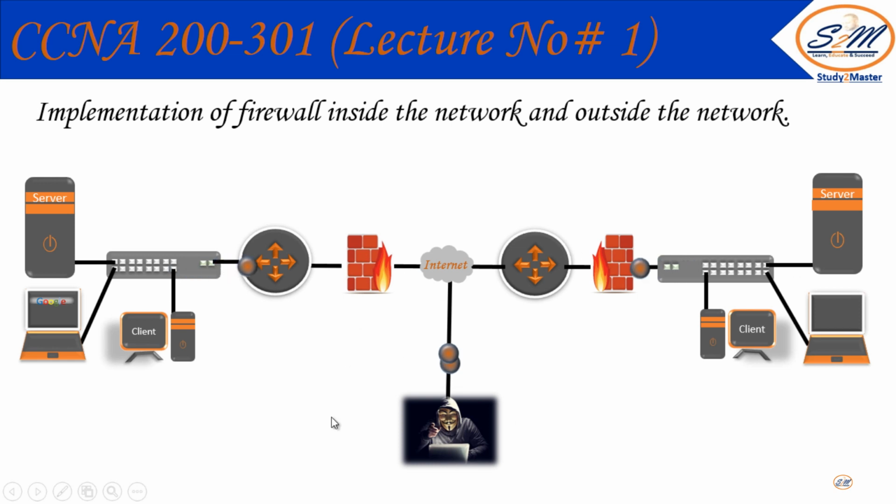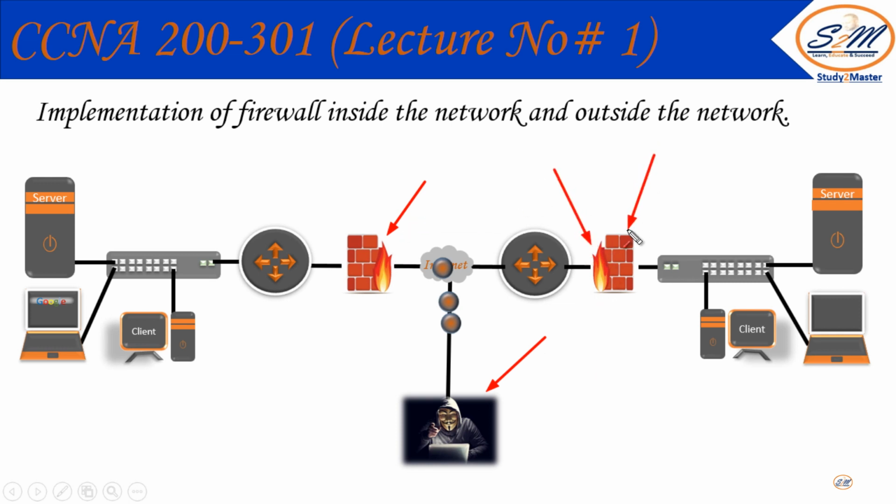So in this case, the attackers try to reach the Canada side and also try to reach the USA side. But the firewall does not allow the packets or the traffic coming from the attackers or bad guys. They will be dropped in the place where we install the hardware.